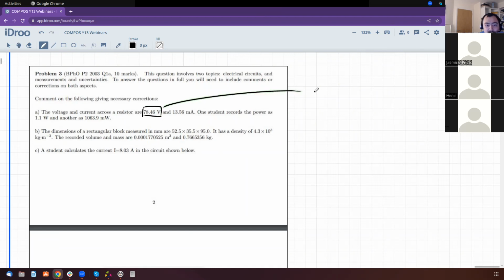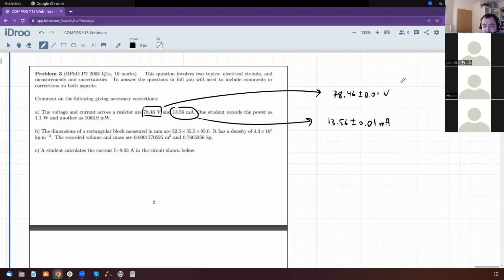Now, if there's no other information given, we have to assume that this is 78.46 plus or minus 0.01 volts. And the current, 13.56, is 13.56 plus or minus 0.01 milliamps.